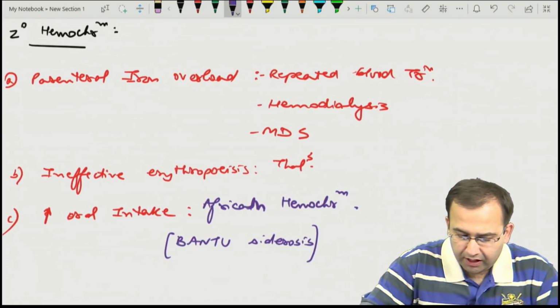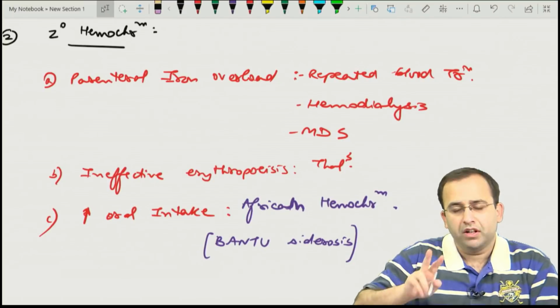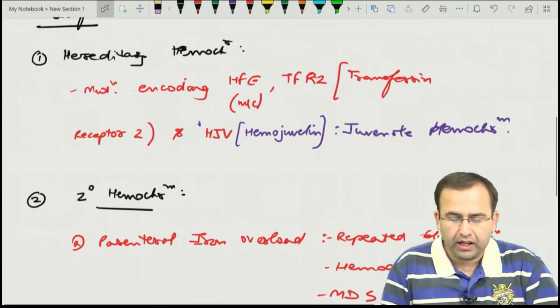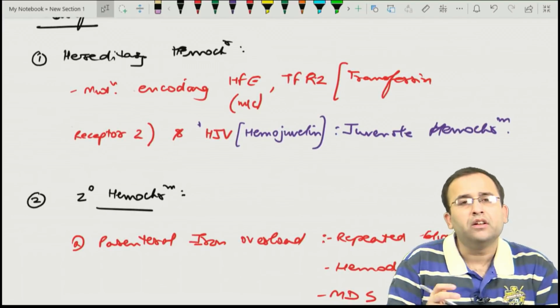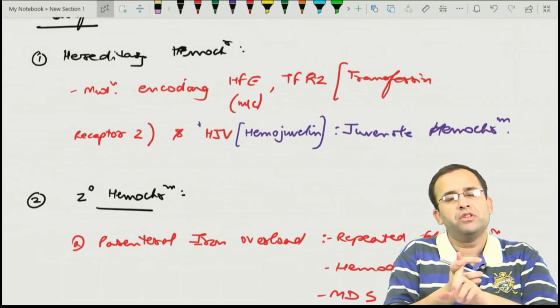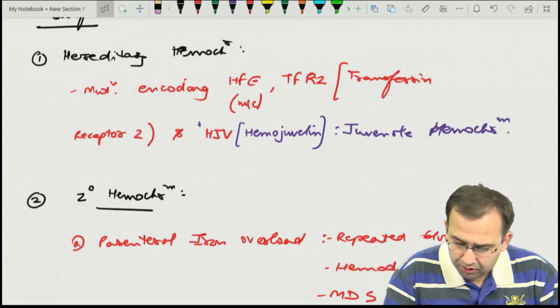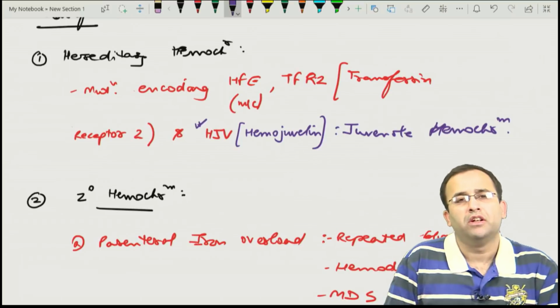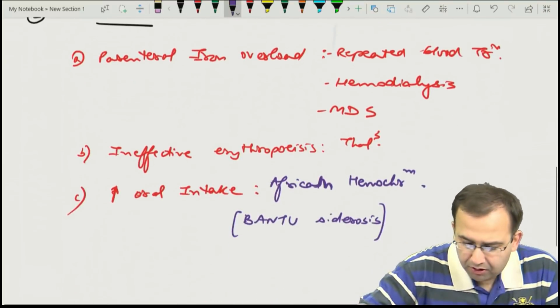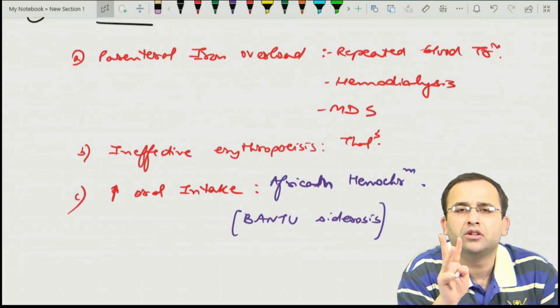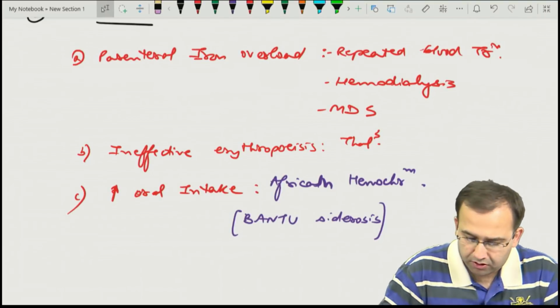So classification of hemochromatosis, we divided it into two main types, hereditary and secondary. Hereditary, the most common gene involved was HFE. Most common in juvenile hemochromatosis was HJV, hemojuvelin. Secondary hemochromatosis: parenteral iron overload, ineffective erythropoiesis and increased oral intake, that is Bantu siderosis.